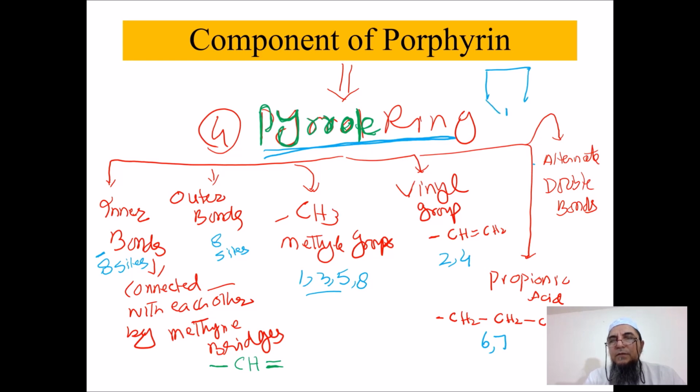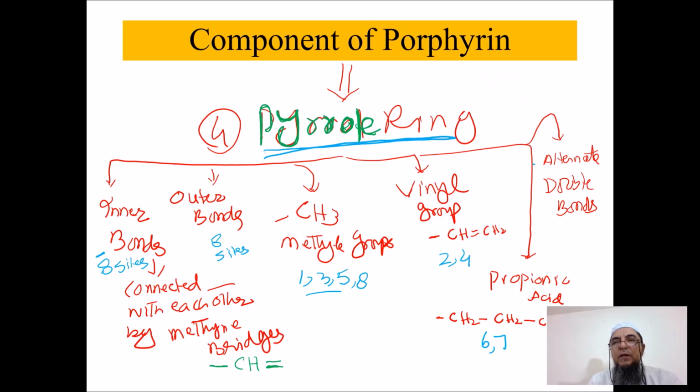And then here is nitrogen, like this. So this is the pyrrole ring. It has 2 bonds, 2 ends. One end is that end which is towards the nitrogen, and another is the outer end. So I classify this end like this. That one which is the nitrogen side, another is on the other side. So these are the pyrrole rings.